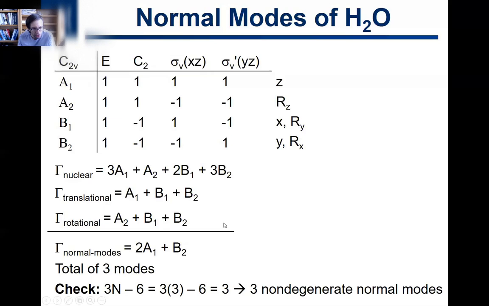We can check this using our 3n-6 rule, that there should always be 3n-6 normal modes for a nonlinear molecule. Water is bent, right? So it's not linear. And we have 3 atoms in water. So 3 times 3 minus 6 equals 3. And that's exactly what we got. We got 3 different normal modes.